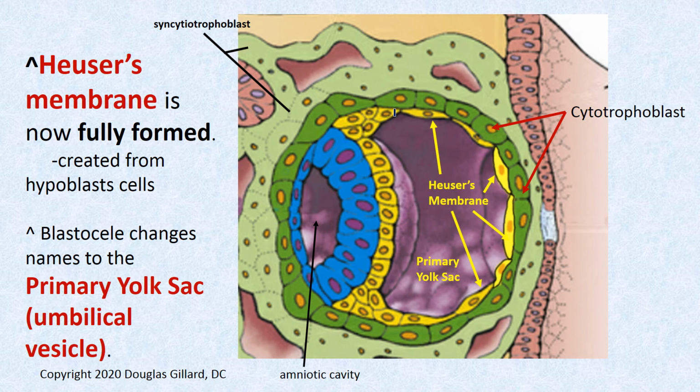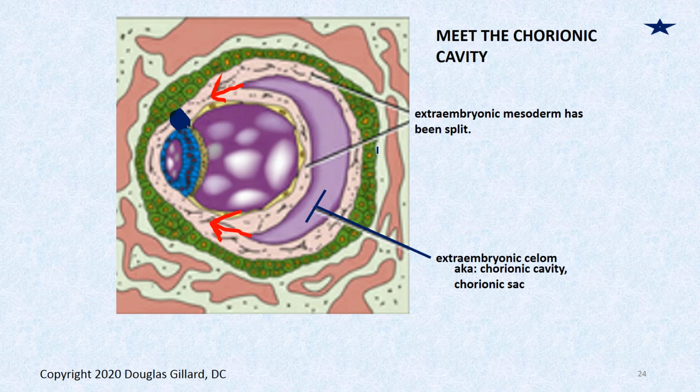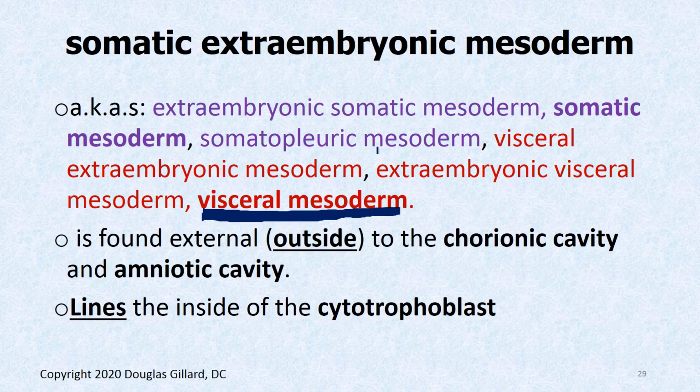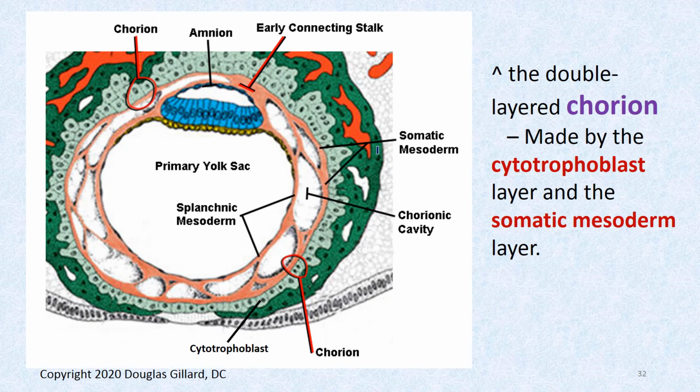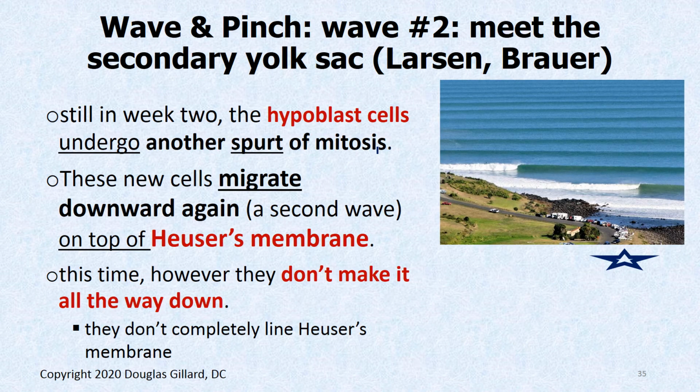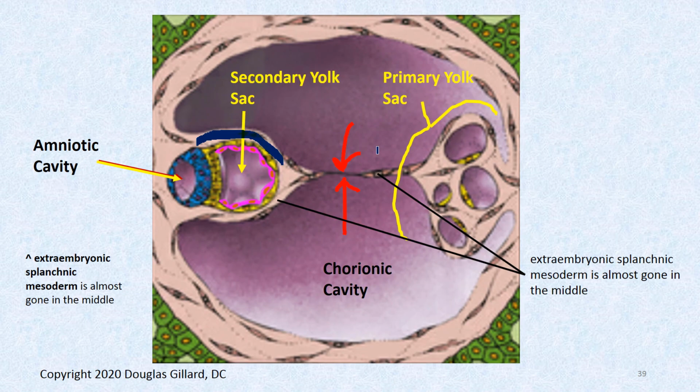And Heusner's membrane comes from this, so he's saying that these can be considered endoderm cells. And the next layer that comes down, remember there's two waves, I'm calling them yolk sac cells. He's saying that can be called endoderm as well because it was derived from the endoderm. I think that's what they're trying to say there. I could probably throw that slide out because it's confusing. Oh man, we went way back, didn't we?